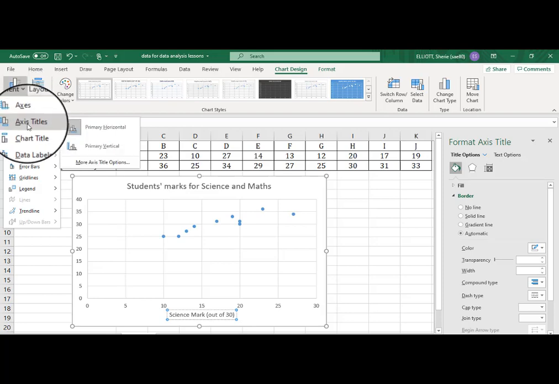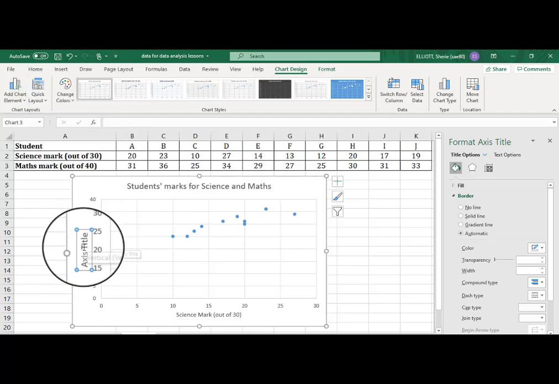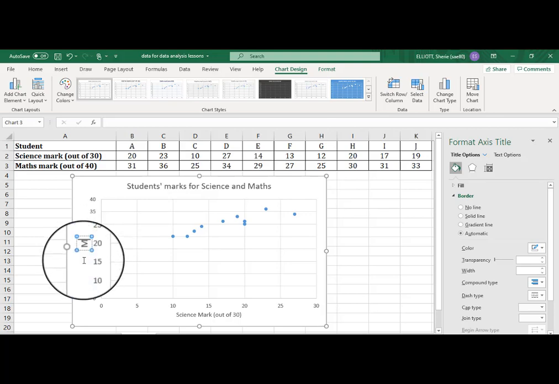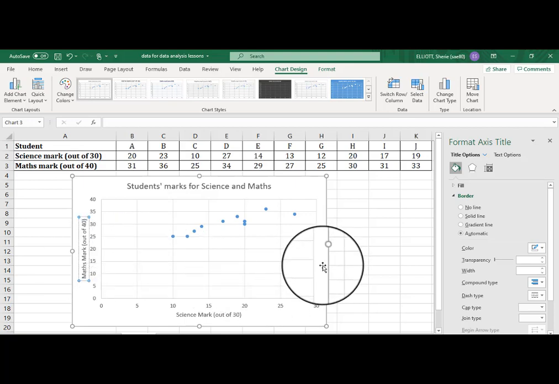Then add our vertical axis. And that was our maths mark out of 40. So we've labeled everything.